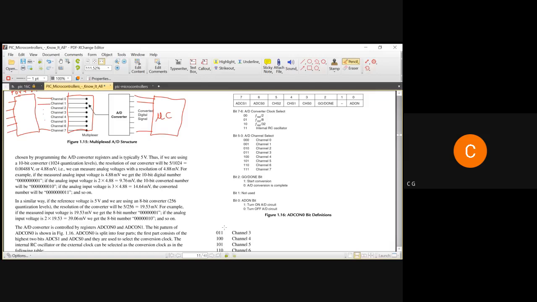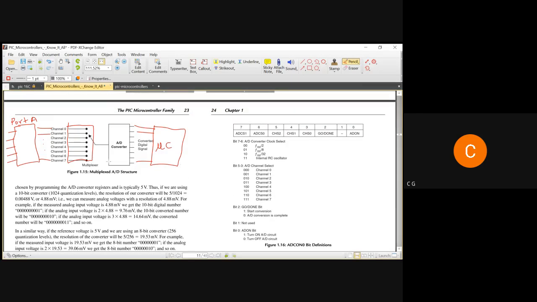So this is a kind of A to D converter operation.